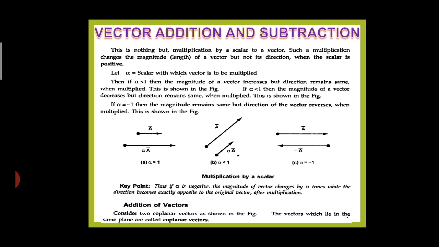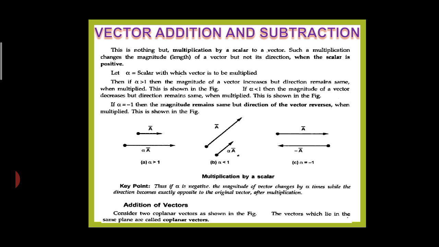So, these are the different ways. Thus, if alpha is negative, the magnitude of the vector changes by alpha times, while the direction becomes exactly opposite to the original vector after its multiplication.